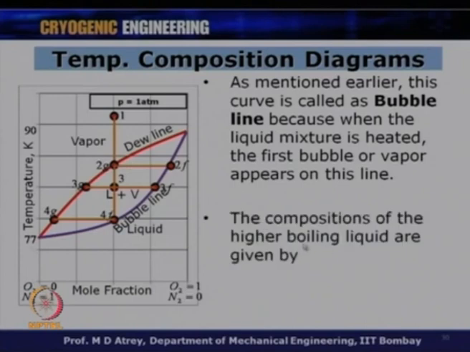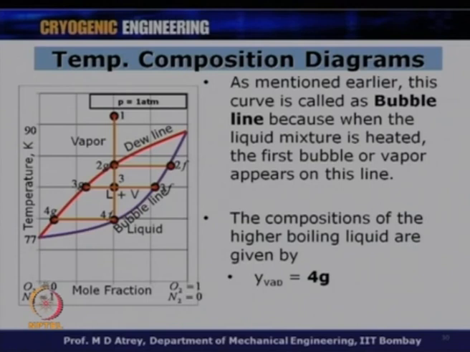The composition of the high boiling component. Now, let us come back to this 4F and 4G. If I am at point 4G, what is going to be the composition? The vapor composition is going to be 4G. That means you can see now the high boiling component is only this much. When we are cooling from here to here and coming close to the boiling temperature of the low boiling component, the vapor also has a very small quantity of oxygen.